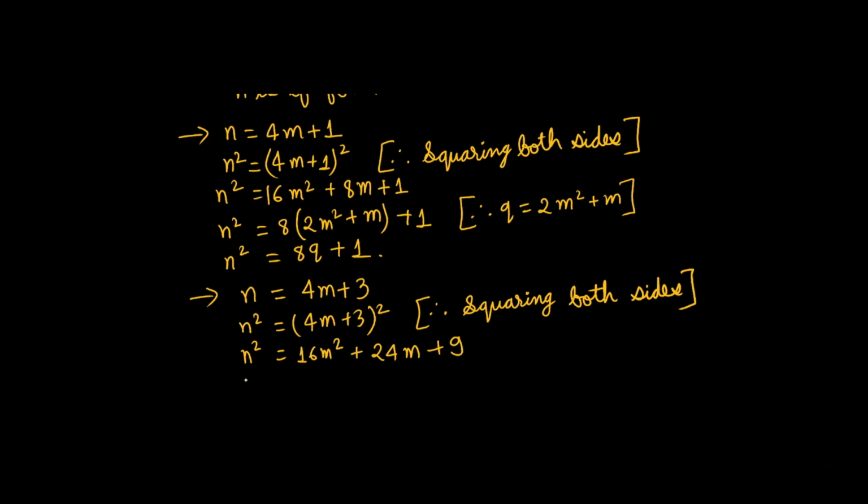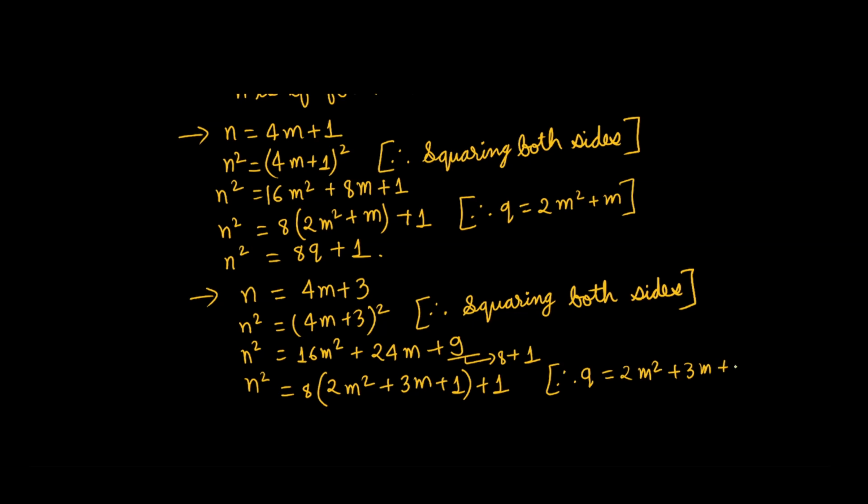So we will take common. n square is equal to, so this we can write in the form of 8 times something plus 1. So we will take 8 common, so 8 times 2m square plus 3m plus 1, plus 1. So we can write, hence, q is equal to 2m square plus 3m plus 1.